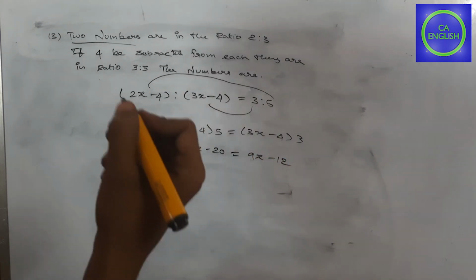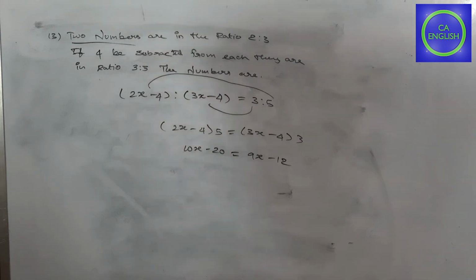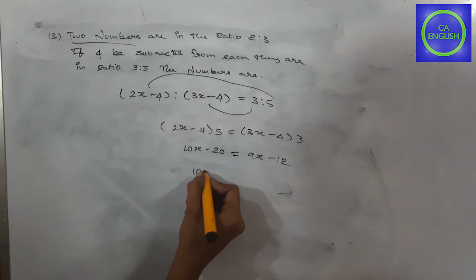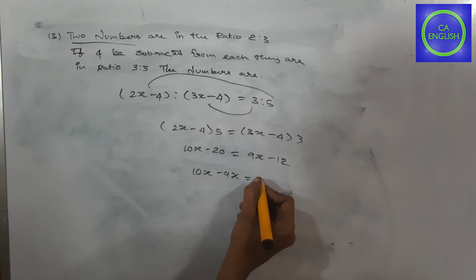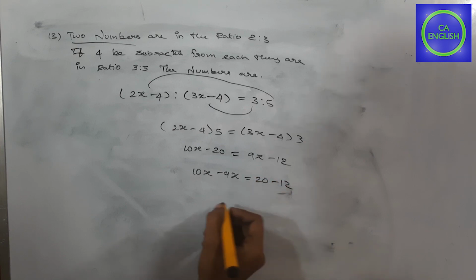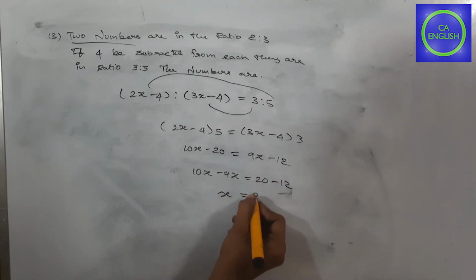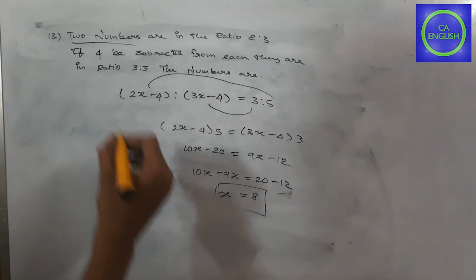Am I right? Then take the constants to one side and variables to one side. 10x minus 9x equal to 20 minus 12. Therefore x is equal to 8. Here we got the value of x.